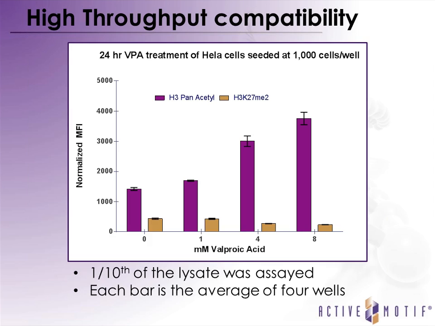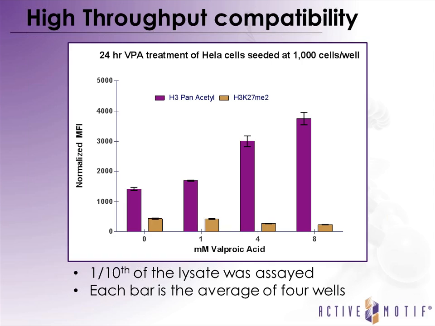To further illustrate the compatibility of this assay in high throughput applications, I've included this particular data set. Here, HeLa cells were seeded at 1,000 cells per well in a 96-well plate and cultured for 24 hours prior to the addition of valproic acid, which was left on the cells for an additional 24 hours.